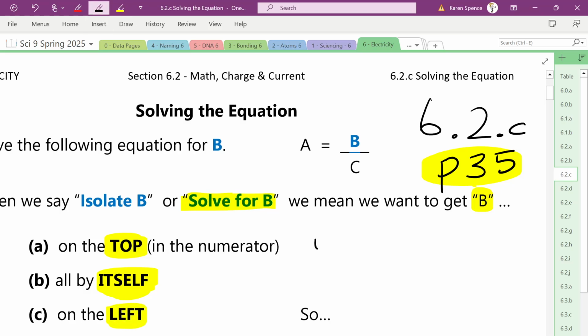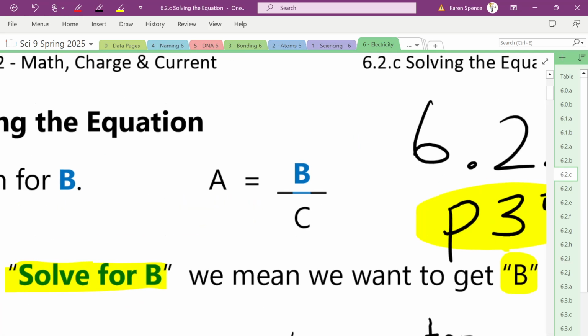Remember, you want your unknown on the top by itself and on the left. And remember, that spells until. And you can use that to help you remember that until you know it by heart. Okay? So we want B on the top.